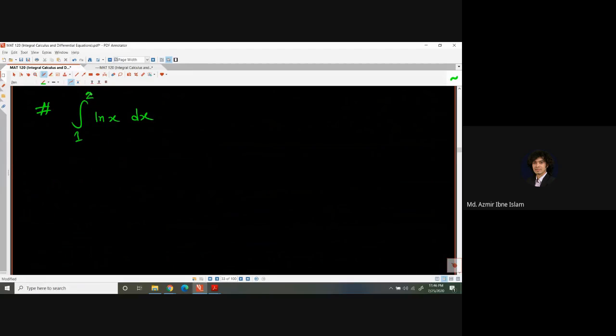So this time we have a definite integral. Definite integral means we have both a lower limit x equal to 1 and an upper limit x equal to 2. But as I have suggested previously, if we have complicated integrals, or definite integrals at first, we can first find the respective indefinite integral.